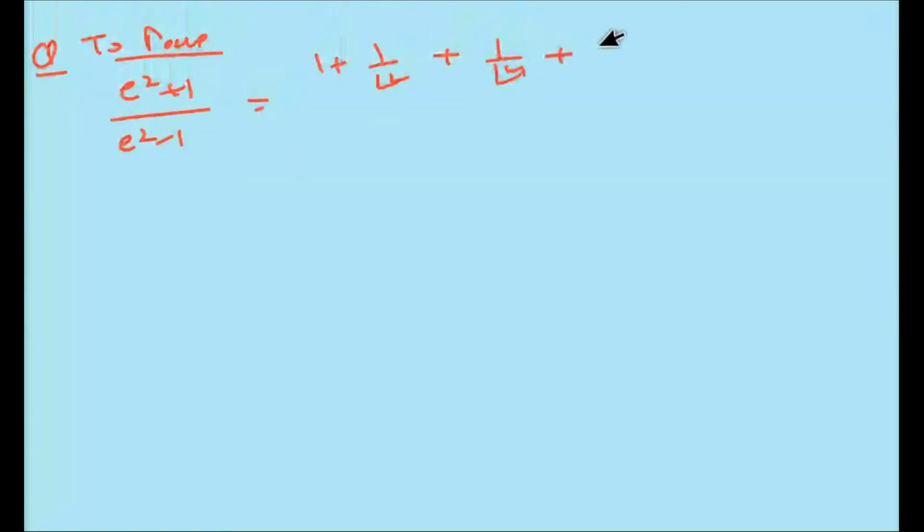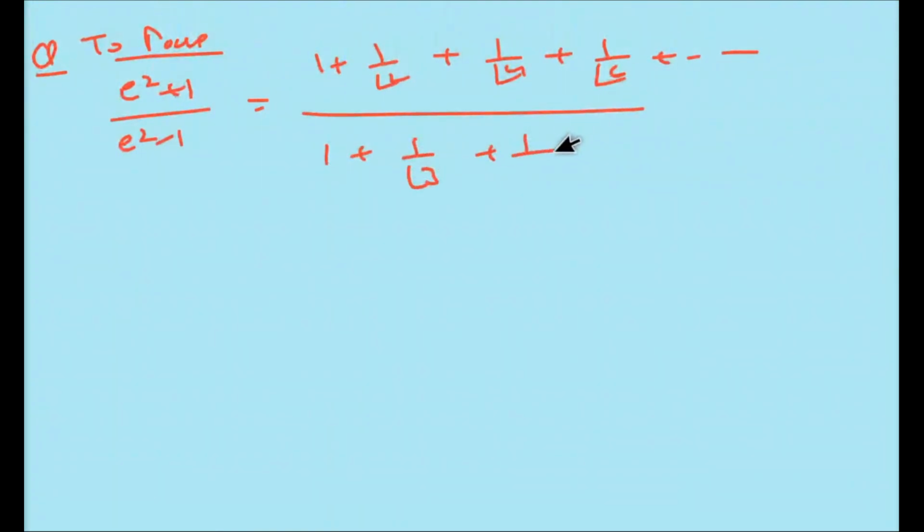Now you can see one more question is, let e square, to prove e square plus 1 upon e square minus 1, that is 1 plus 1 upon factorial 2 plus 1 upon factorial 4, 1 upon factorial 6 upon 1 plus 1 upon factorial 3, 1 upon factorial 5, 1 upon factorial 7.